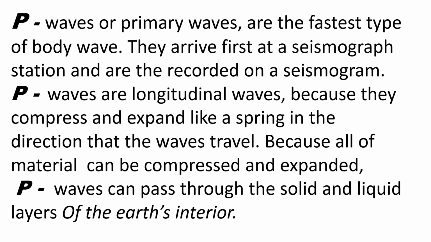The P waves are longitudinal waves because they compress and expand like a spring in the direction that the waves travel, because all material can be compressed and expanded. So, P waves can pass through the solid and the liquid layers of the Earth's interior.